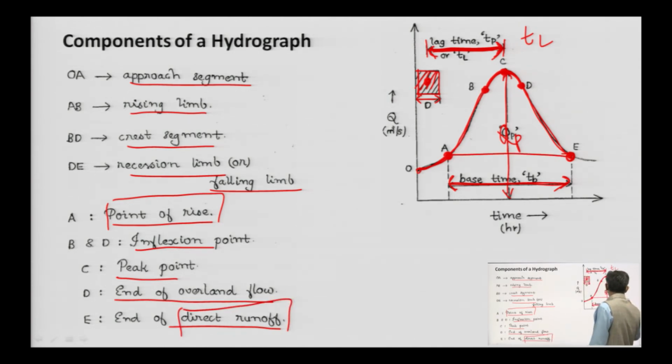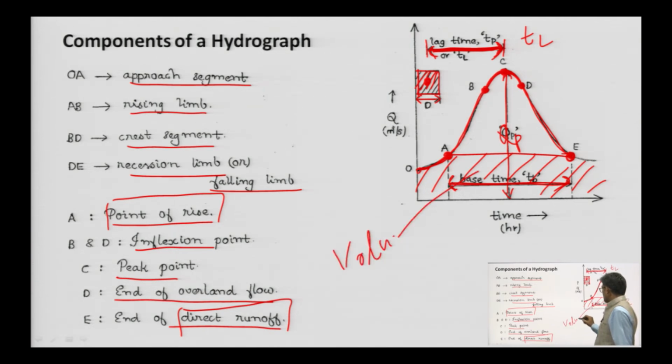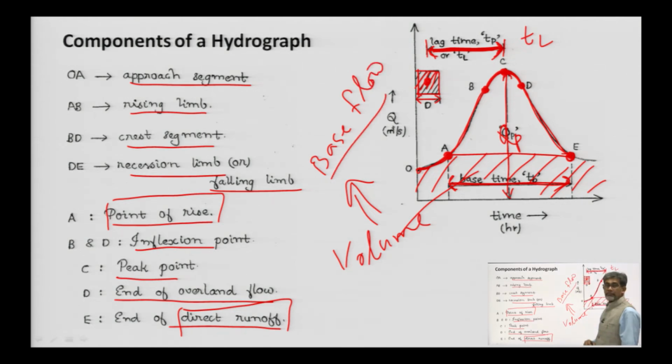So, what will this portion indicate? Since this is Q and this is time t, what is the volume? This volume will be base flow. It is not immediate, it is time taking.